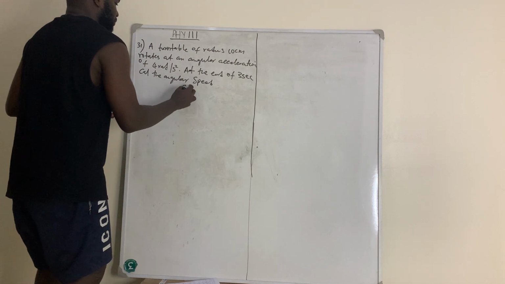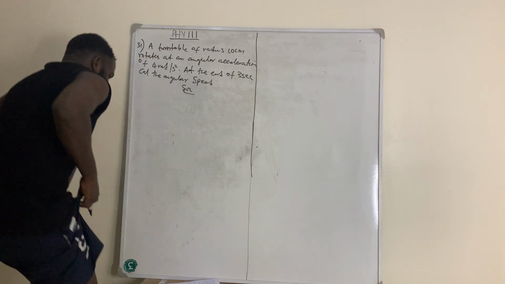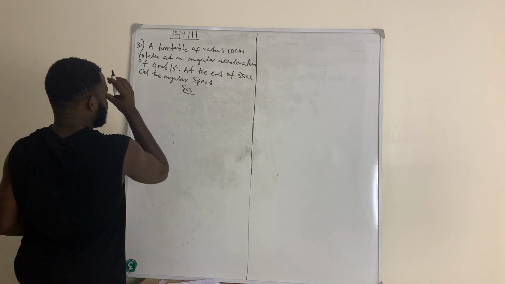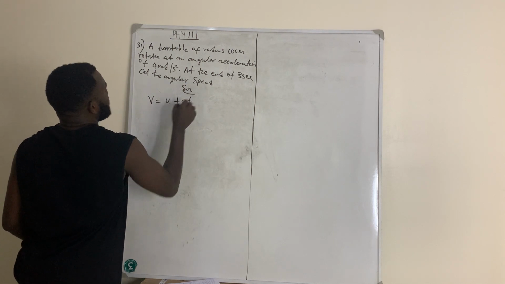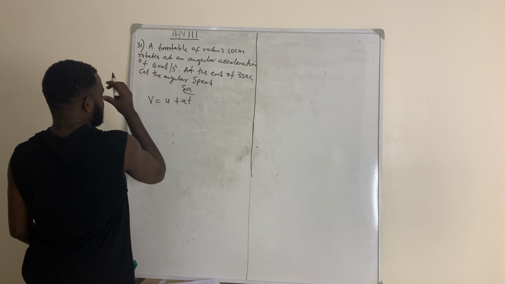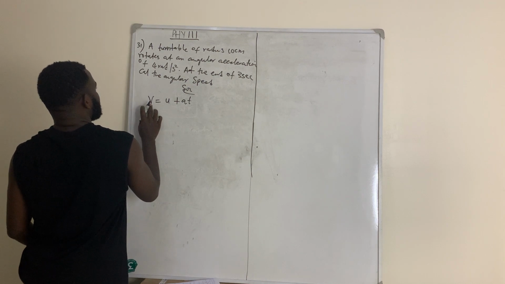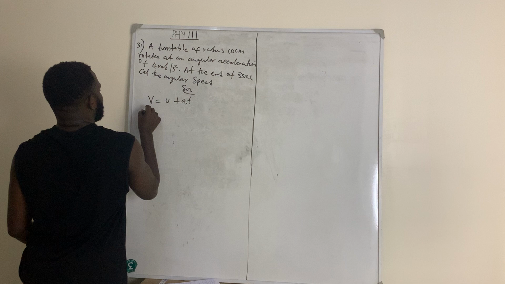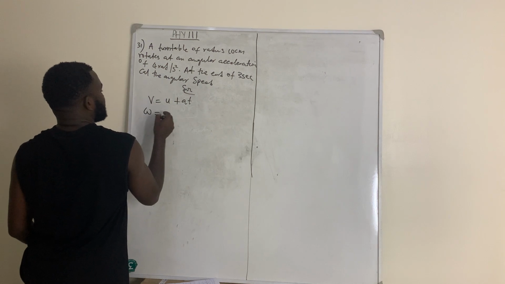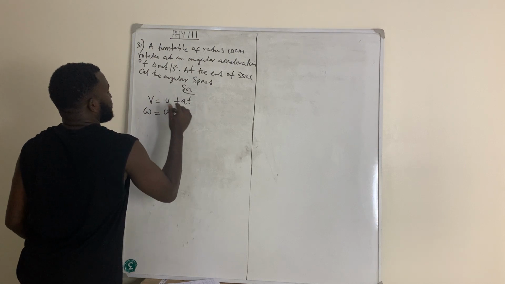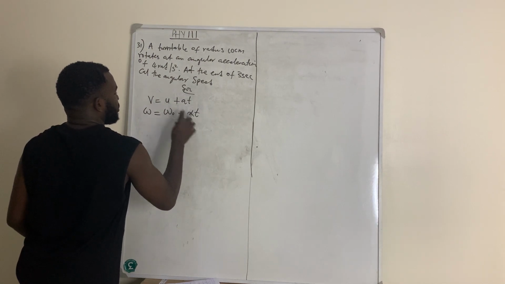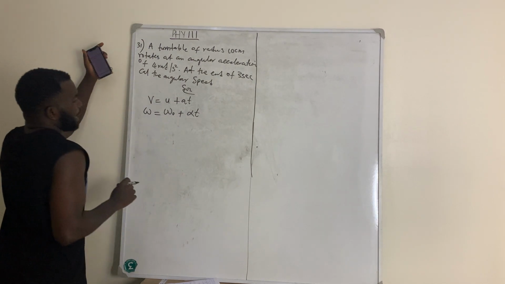Solution. Don't forget the equation of motion that says v is equal to u plus at. If you convert it to circular motion, v will turn to angular velocity. So angular velocity omega is equal to initial angular velocity plus alpha t, where alpha is your angular acceleration.